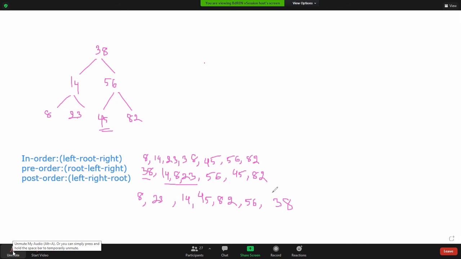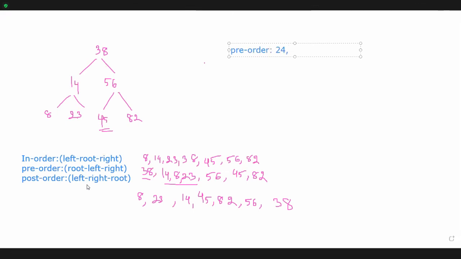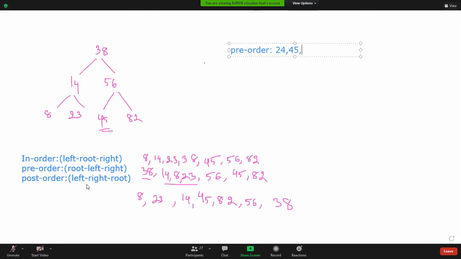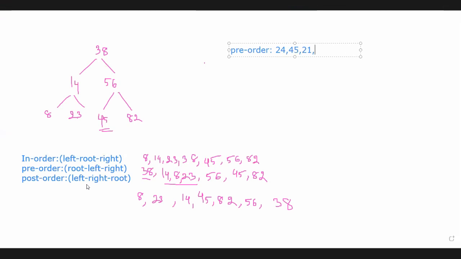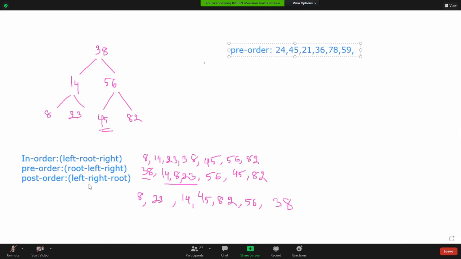Yes, ma'am. So now suppose the in-order or pre-order sequence is given. Can you create the binary search tree? Only the pre-order sequence is given. So here the nodes are 24, 45, 21, 36, 78, 59, 12, 60.